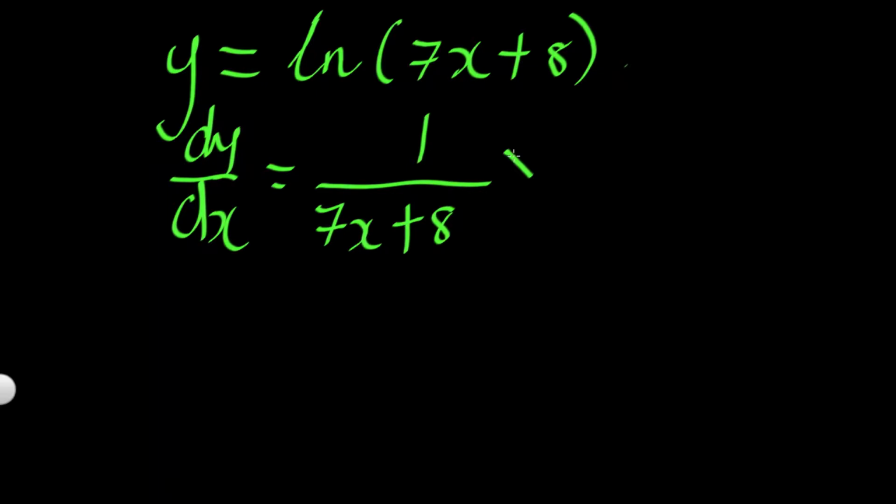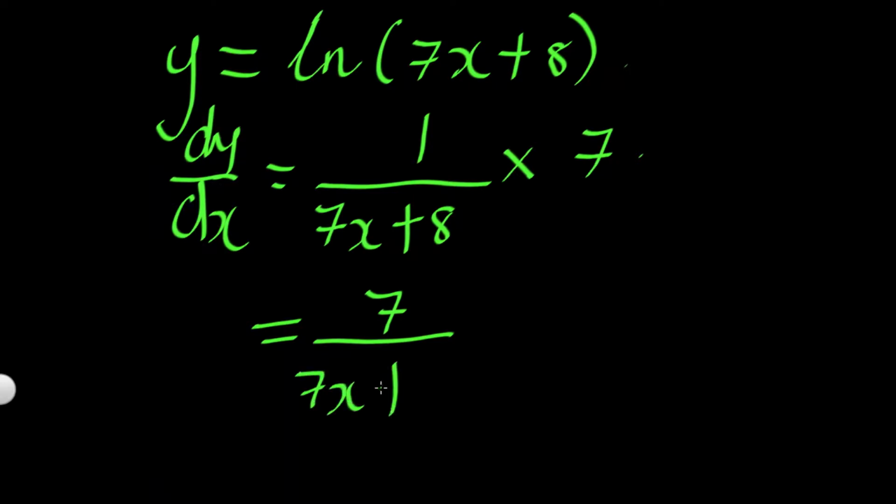Then you multiply it by the derivative of what is in our bracket, which is just 7. Then rearrange. This means 7 over 7x plus 8. This should be your final answer in this case. It is an application of the chain rule again.